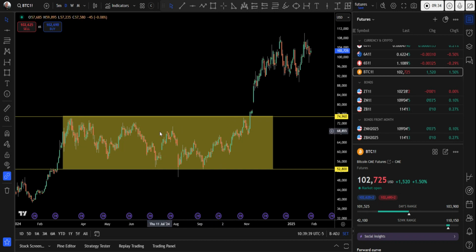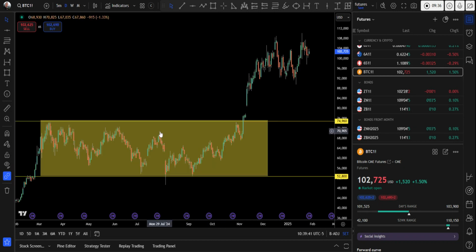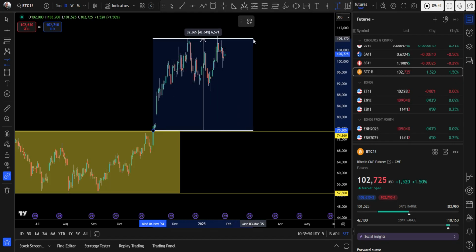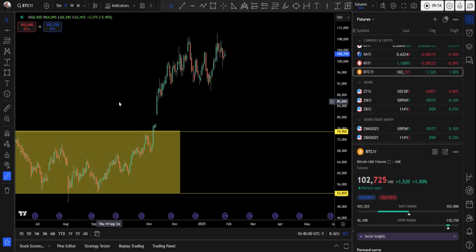But for me, this is just like the paint drying. I think the big move is going to be when the breakout happens. And as you see, just looking at this, the breakout was pretty significant. The market moved, what is that, 40%? 75,000 to like 100,000 where it's at now, whatever.